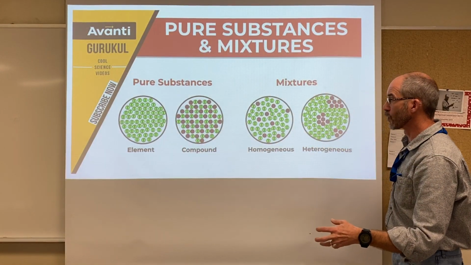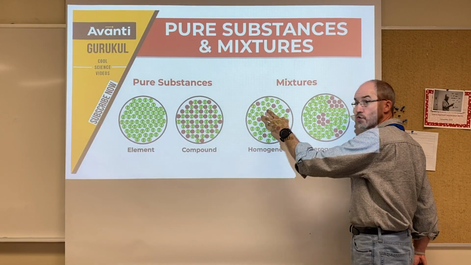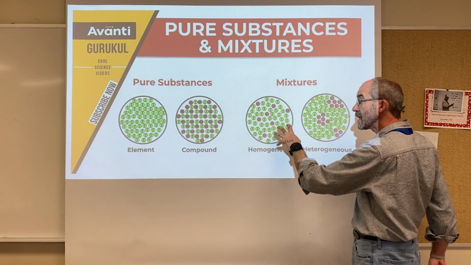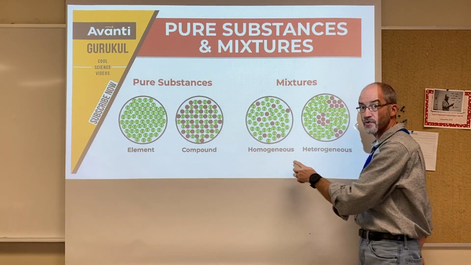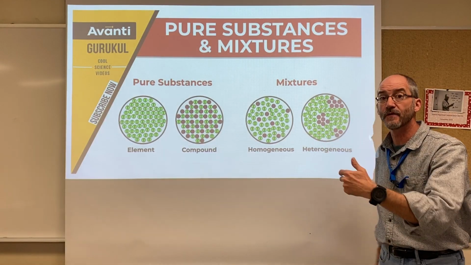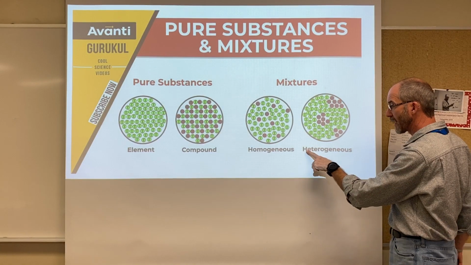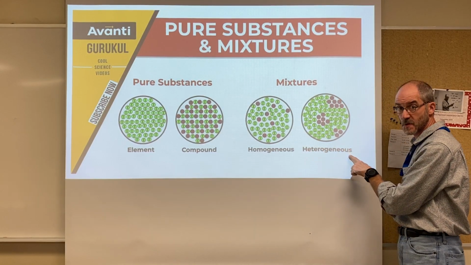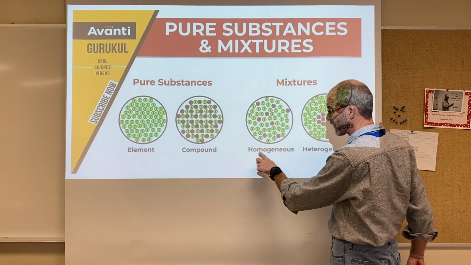Now, what if I were to mix something in with my water, such as sugar? Then that's fine. And if it's an even distribution like this, then it's going to be what we call homogeneous. But what if I had a mixture that was not even and uniform and distributed evenly? Then we would call that heterogeneous. Okay? And you've heard these prefixes used before.